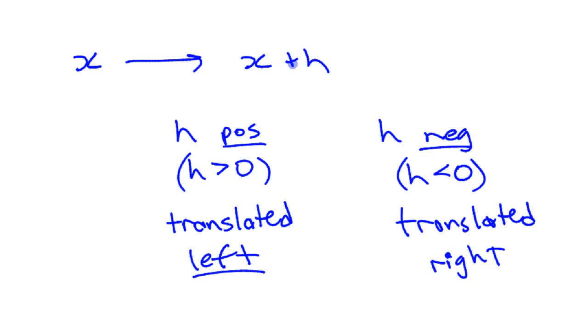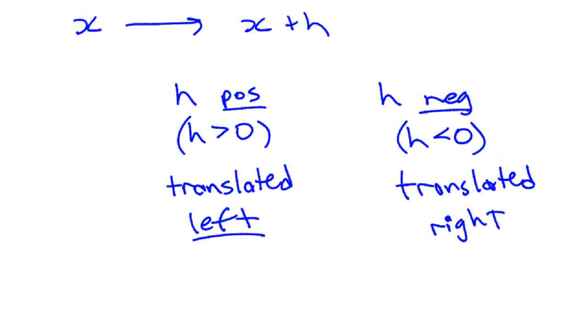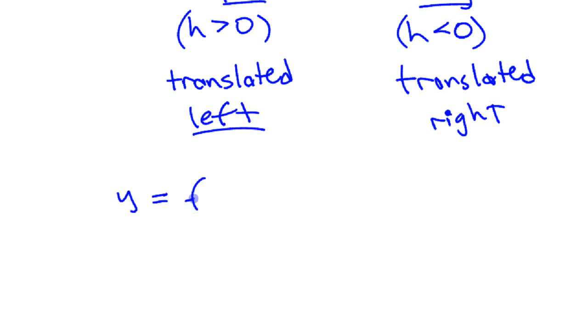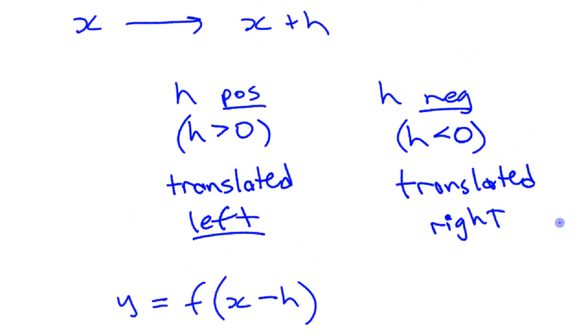Now, somebody might trick you sometimes, because often you see them write it not as y equals f of just some function. f can stand for any function. Instead of writing f of x plus h, they might trick you and write f of x minus h. If there's a minus in there, you have to realize that these two things are going to switch around, right?